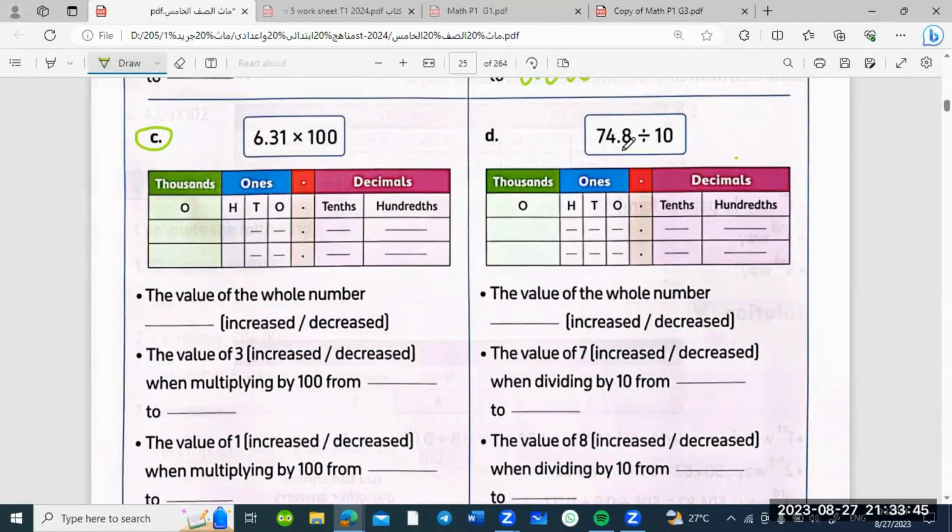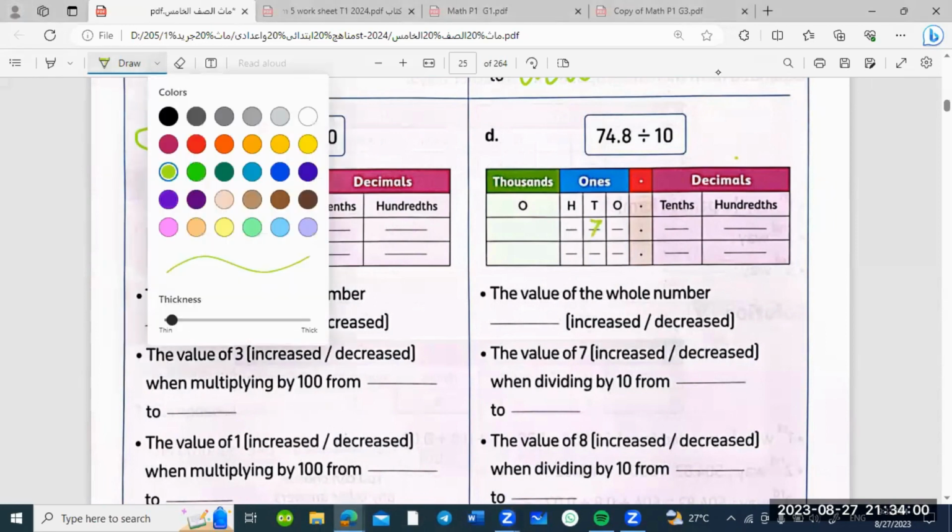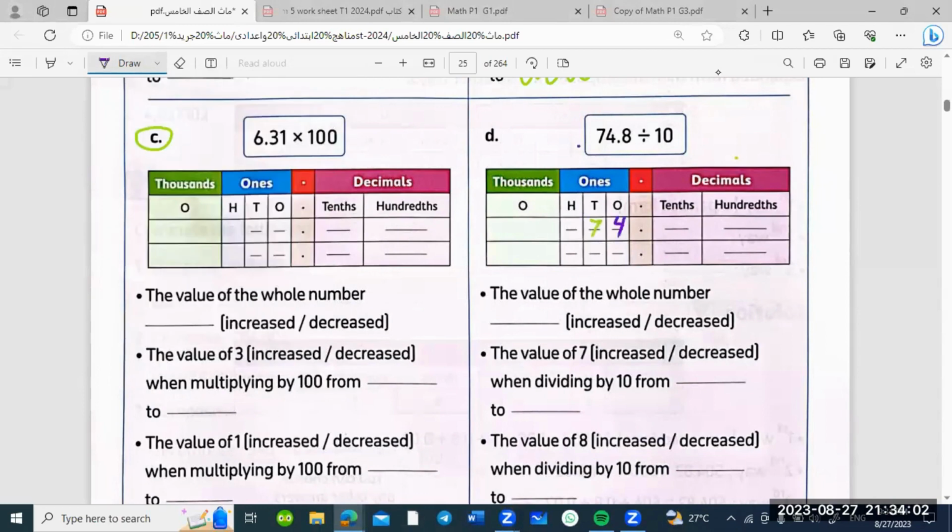Next question, 74.8 divided by 10. 7 will be in tens and 4 will be in ones. Here the decimal point, and then 8 in tenths. Now, when we divide by 10, my number will decrease, by one step.